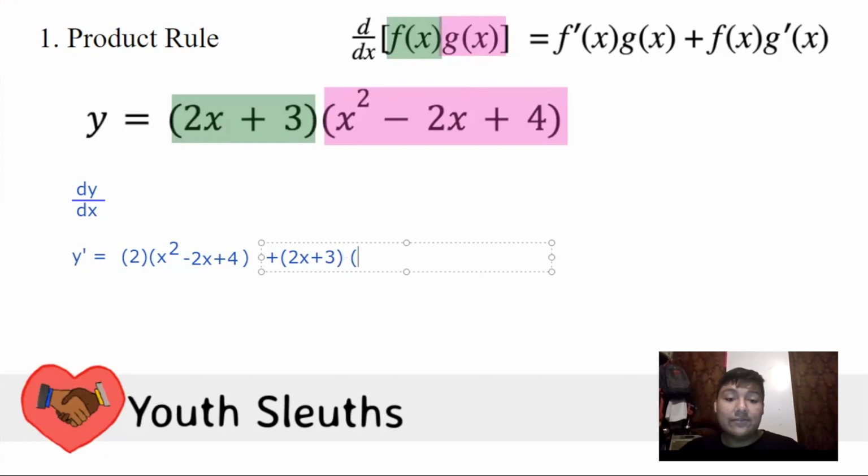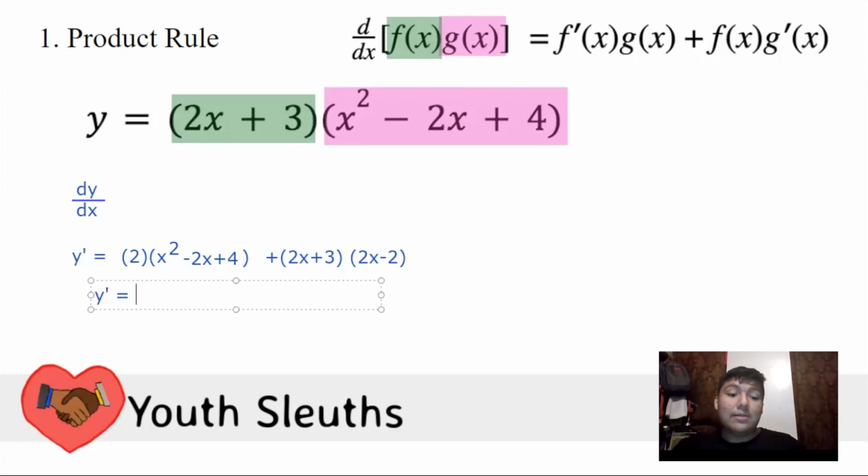Now we derive the x squared minus 2x plus 4, which would be 2x minus 2. Now we can simplify this further by multiplying 2 by the x squared minus 2x plus 4. So we have 2x squared minus 4x plus 8. So now this half is simplified.